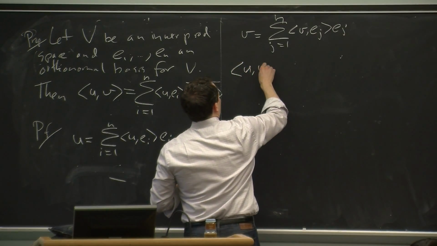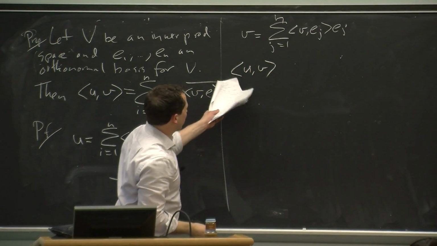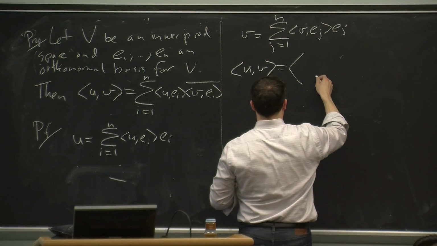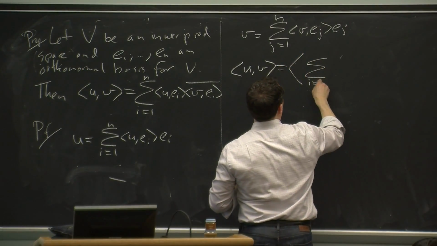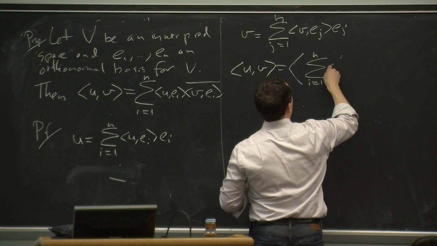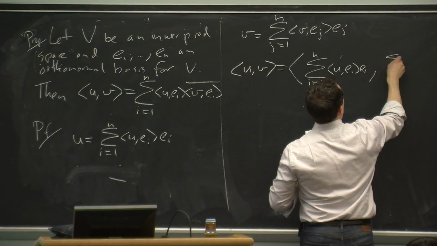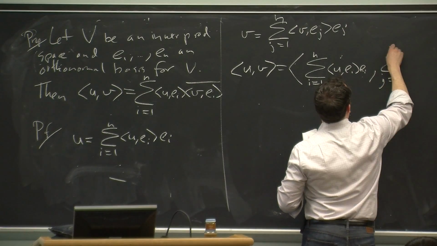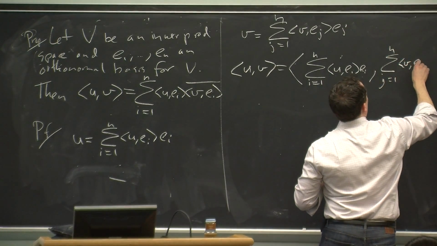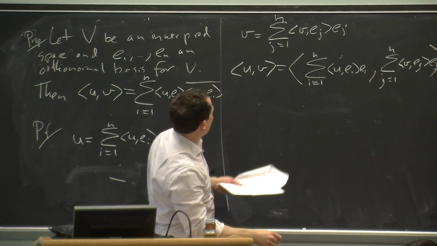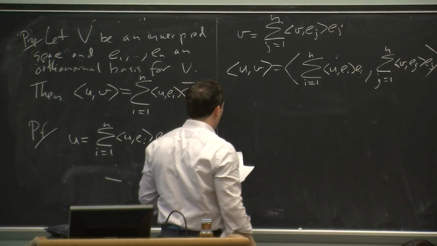And then the inner product of U and V, I can just expand them using this expression. Now I get a giant inner product with two big sums in it: the sum over i of the inner product of U, Ei times Ei, inner product with the sum over j of the inner product of V, Ej times Ej. I haven't changed anything, I just expanded U and V.